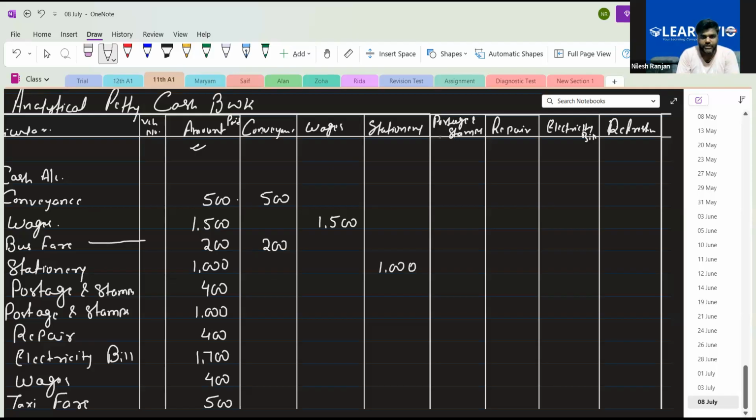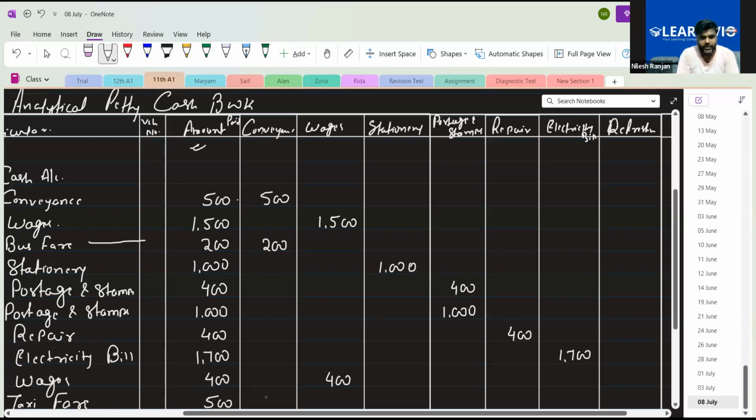Postage and stamp. Postage and stamp is here, so 400. Then again postage and stamp 1000. Then repair 400. Electricity bill 1700. Wages 400.